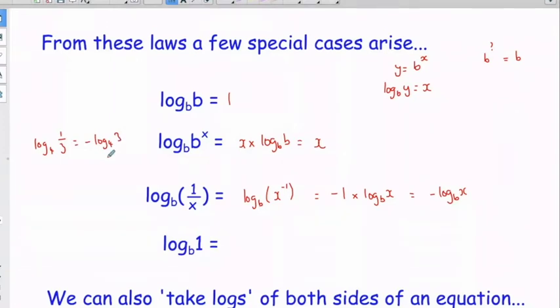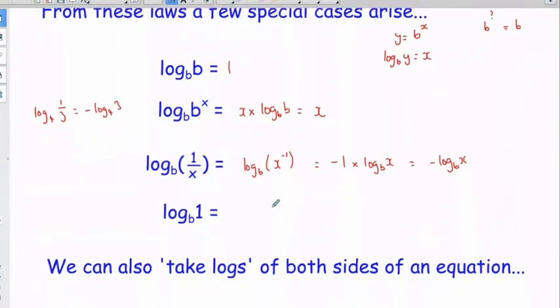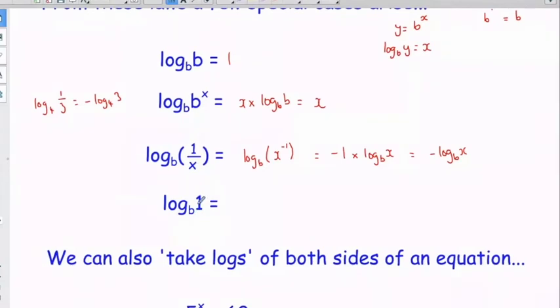That's quite useful sometimes. The last one is log to the base b of 1. If we come back up here and look at this relationship, then what we're saying is that 1 needs to equal b to the power of something. When do we get an answer of 1?